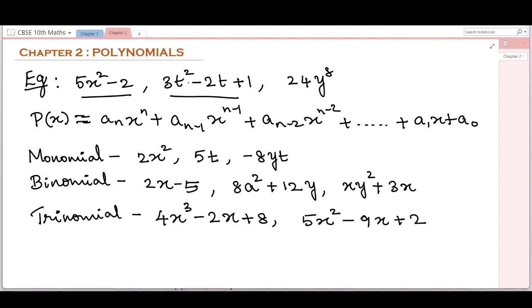Here also the highest power involved is 2. Though we have t power 1, but t square is the highest. Similarly, here the variable y has the power 8. So the degree of this polynomial is 2, and this is 2, and this is 8.